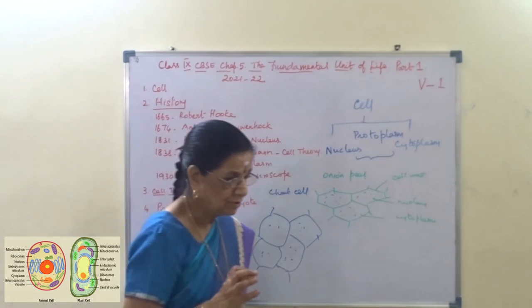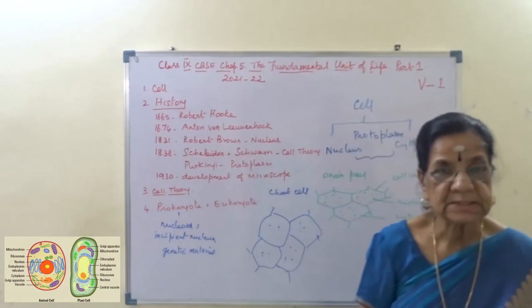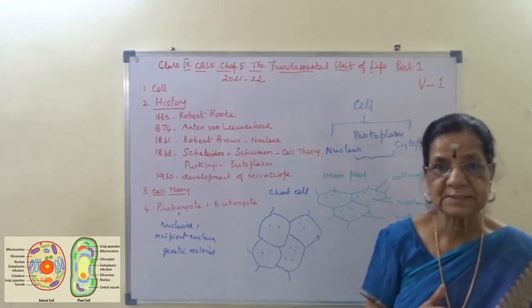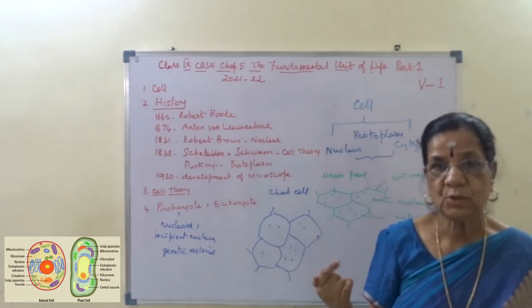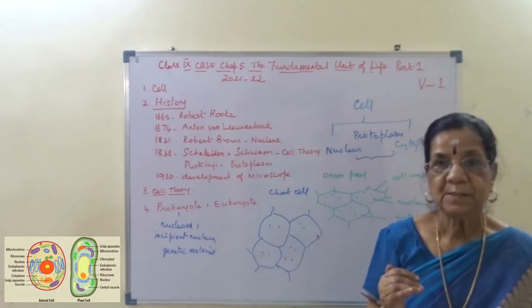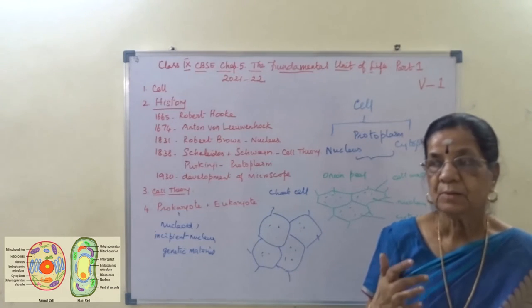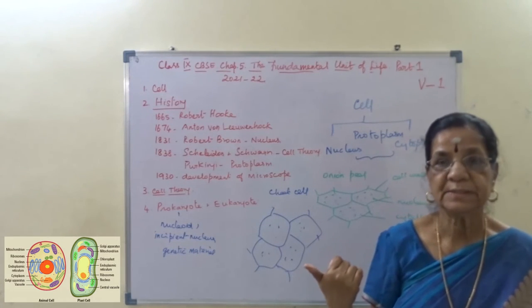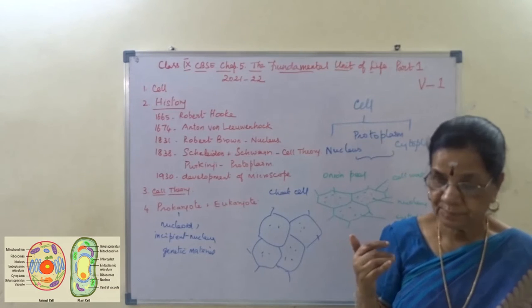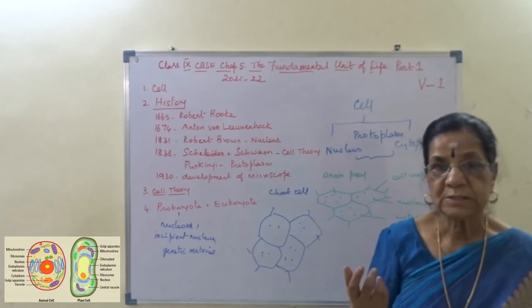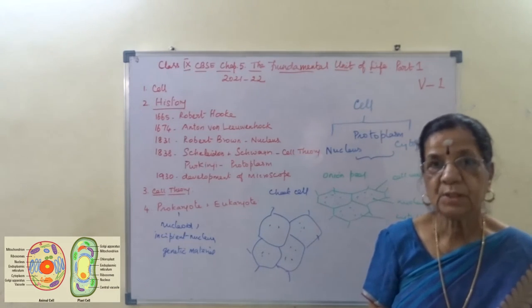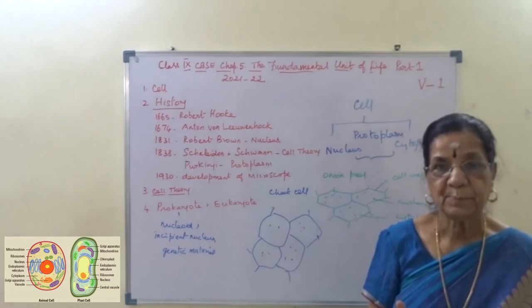So the major difference: first, presence of cell wall in the plant cell, absence of cell wall in animal cell. Cell membrane is present in both plant cell and animal cell. And the cell membrane is also known as plasmalemma or plasma membrane. I hope you understand.